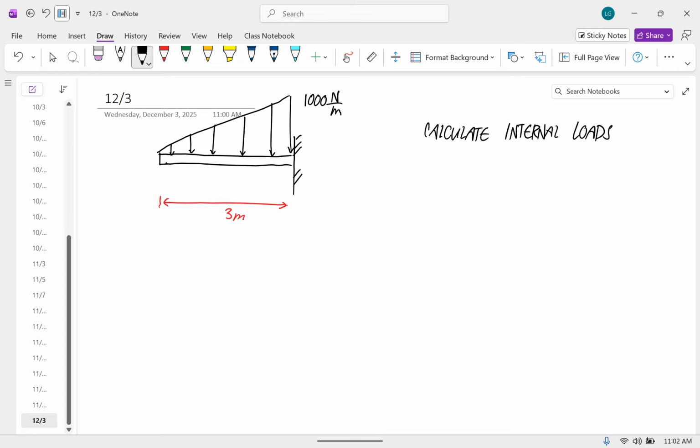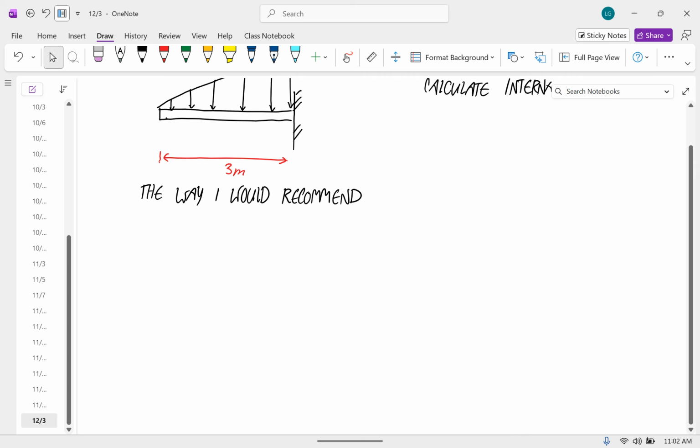The easiest way to do this, the way I would recommend doing this, is just imagine going to the other side of this beam, picture what it would look like.